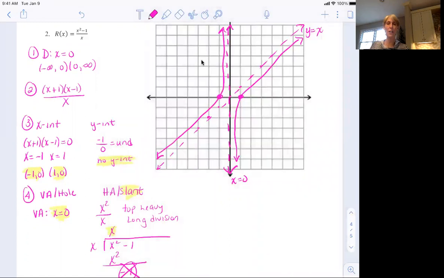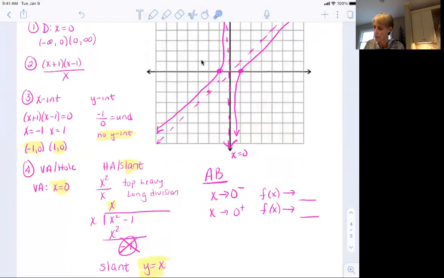Last thing we were working on yesterday was describing our asymptotic behavior and our end behavior. So our asymptotic behavior deals with the vertical asymptote. I have one asymptote here. So I'm going to talk about what happens as x approaches 0 from the left, what's happening to the graph, and as x approaches 0 from the right, what's happening to the graph.